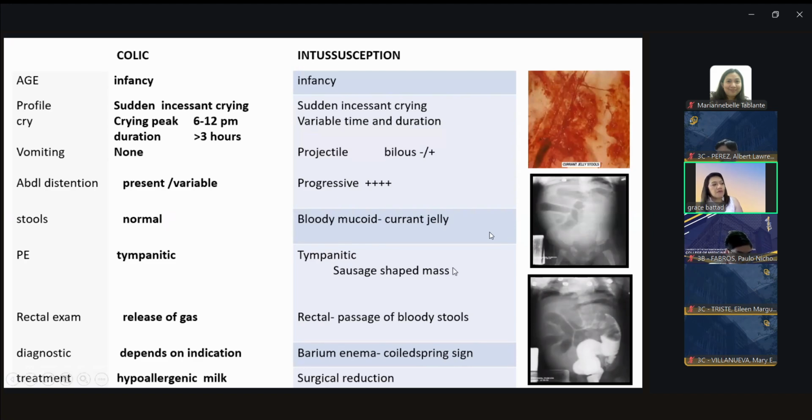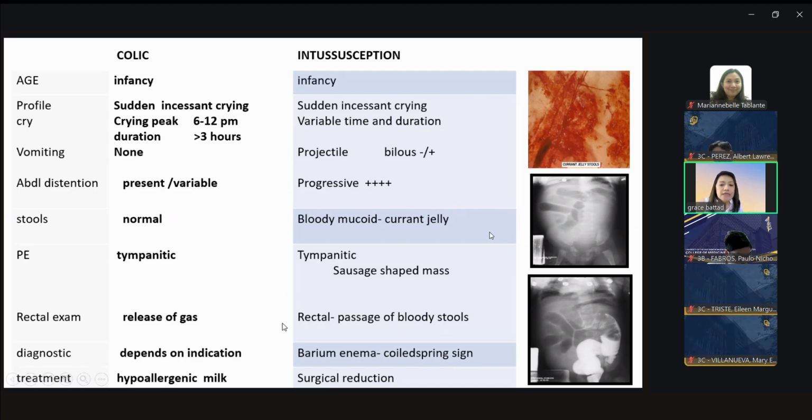It depends on whether it is in the right upper or the right lower, depending on what segment went into another segment. It depends whether it is ileoileal intussusception, an ileum going into another ileum segment, or ileocolic, which is the most common, the ileum going into the colon, or a colocolic intussusception. So you have your intussusceptum going inside your intussuscipiens.